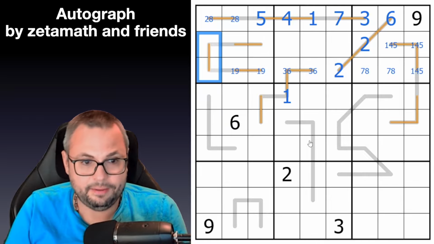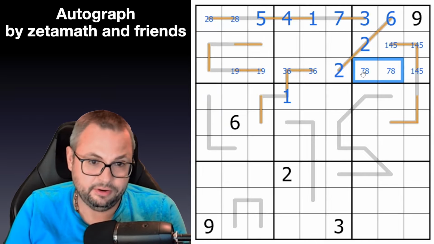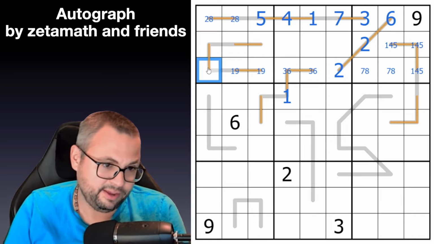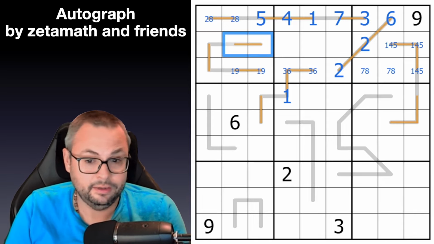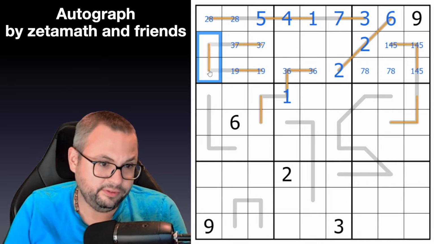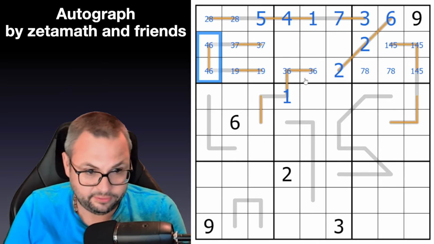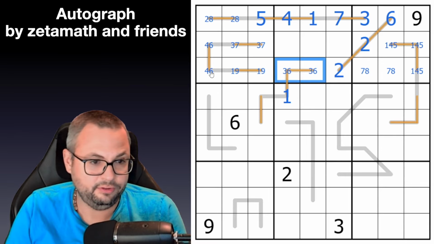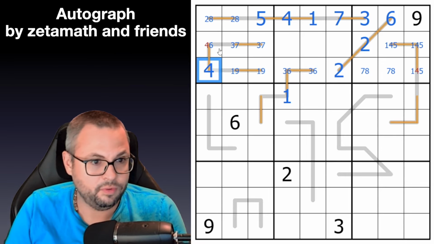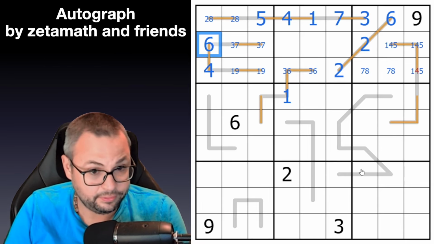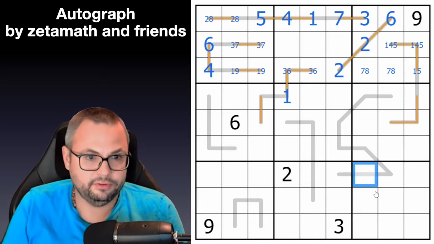This one now can't be 3, 7, because notice the 3 and the 7 actually look across. So this can't be 3, 7, because that can be neither 3 nor 7. So this is the one that's 3, 7, and this one is 4, 6. And the 3, 6 actually sorts out that that's the 4 and that's the 6 coming across there.